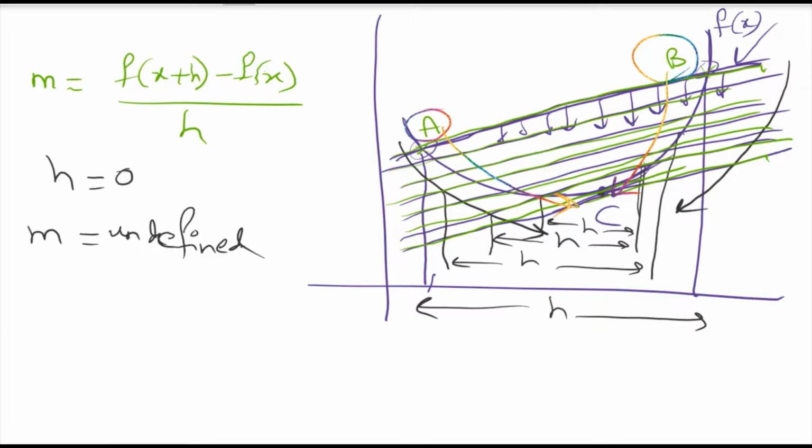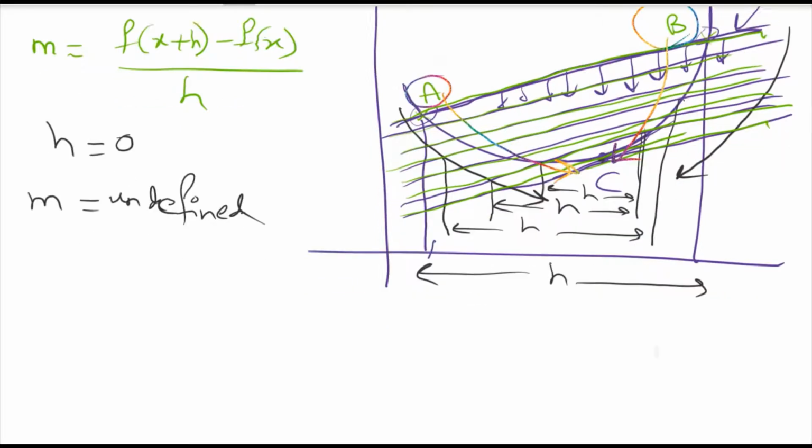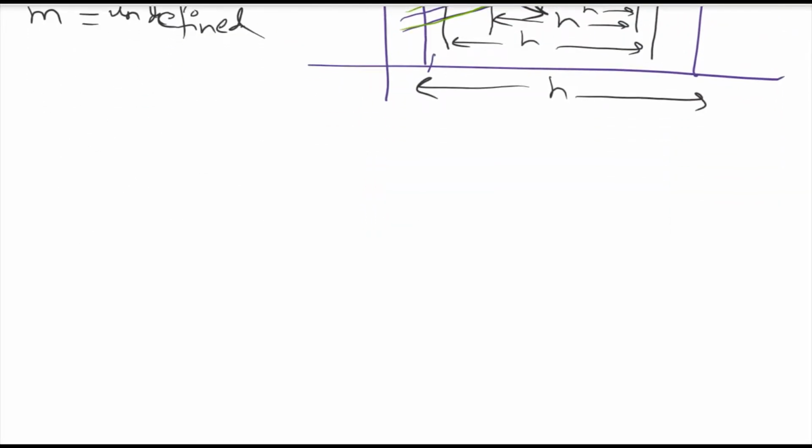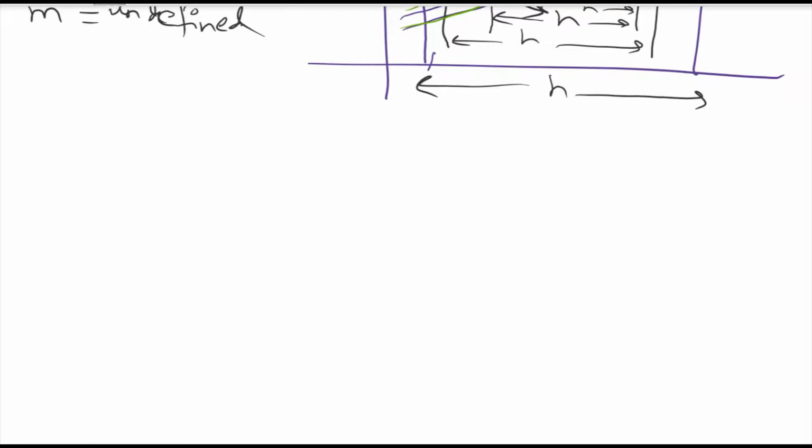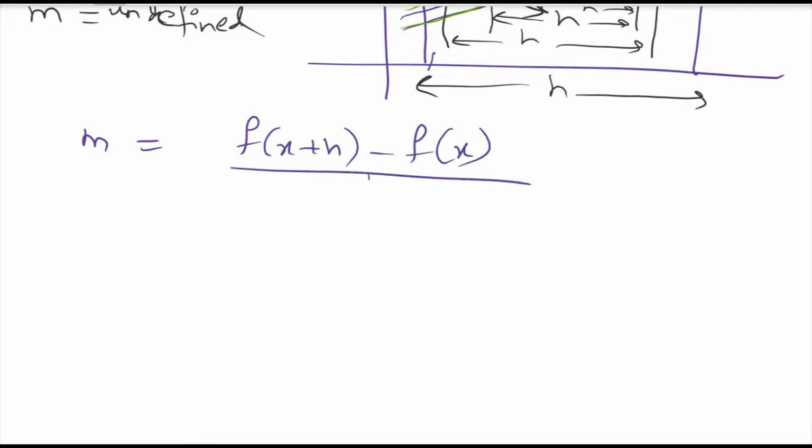So Isaac Newton thought about this and he introduced a notation called limit. He said that, fine, my slope m equals f of x plus h minus f of x by h. The problem is that this works only if h does not equal 0. So what I do now is think about some limit.